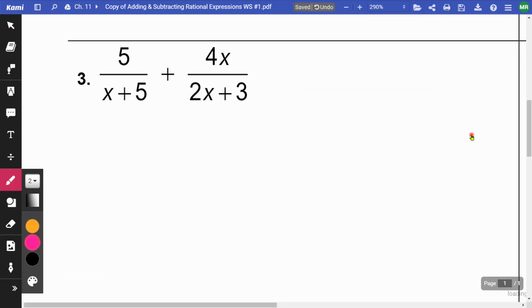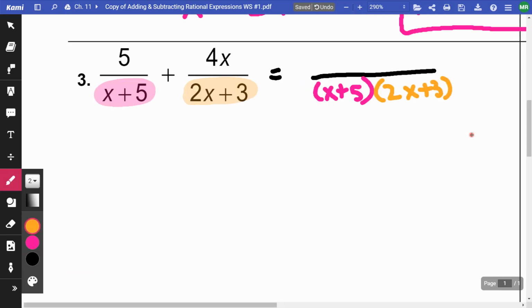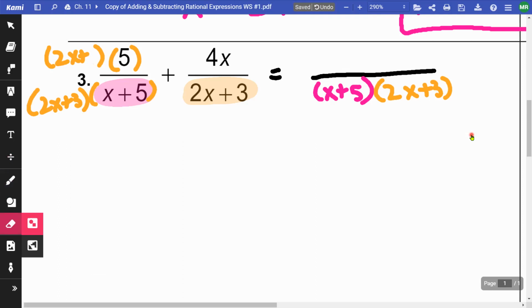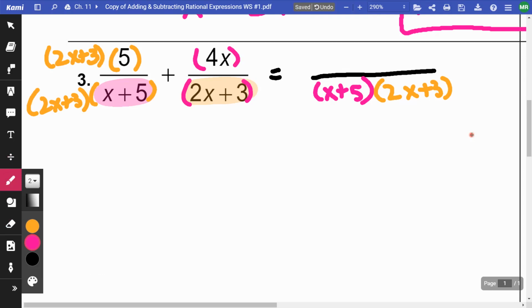For this fraction I would have had to multiply top and bottom by 2x plus 3. For my second fraction, I would have multiplied top and bottom by x plus 5 to get a common denominator.